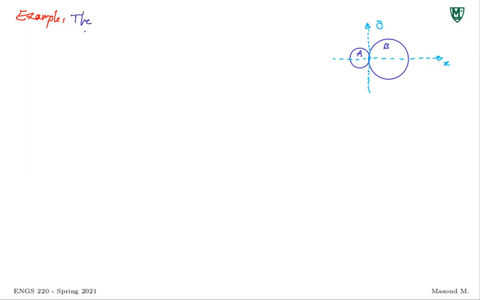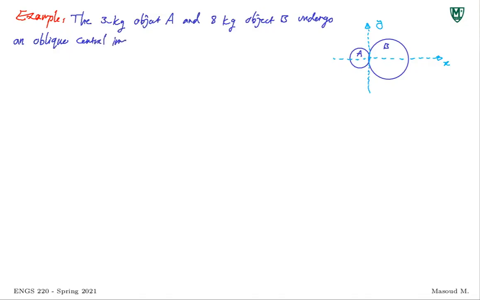And the problem statement goes as: the 3 kilogram object A and 8 kilogram object B undergo an oblique central impact. Well, that's the only kind of impact we know.